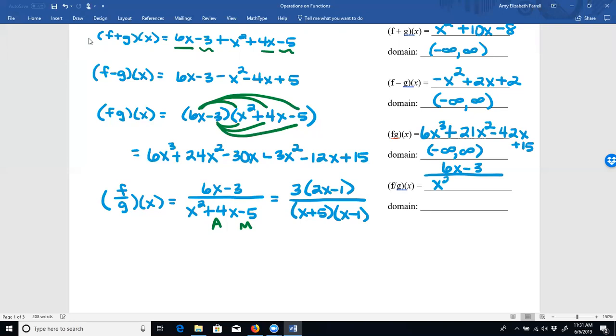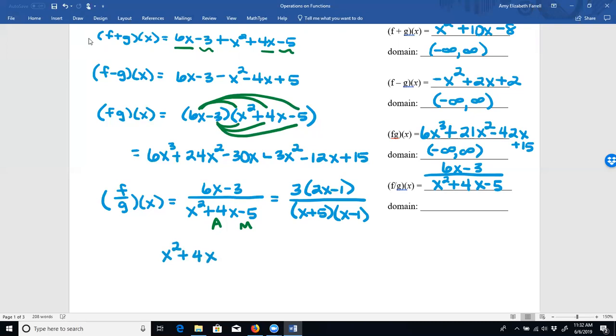Now with division, it said that we needed to find the intersection of the domains of f and g, which would be all real numbers, but it said we need to exclude any values of x such that g of x equals 0. So we're used to this. We've done this quite a bit, but we don't want to divide by 0.